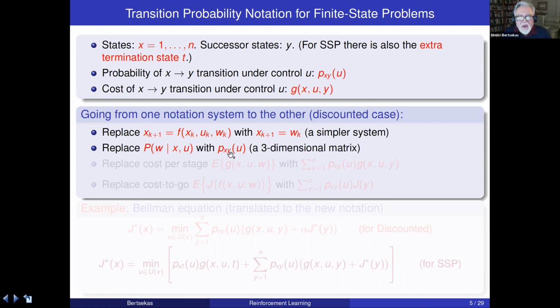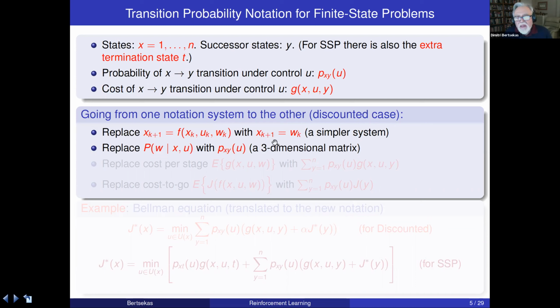Okay, y is equal to w. This is the conditional distribution that we end up in y, given that we start in x and we use u. So in the new notation, we have a simpler system and a three-dimensional matrix here, which is a more complicated description, I think, than the one for the distribution notation.